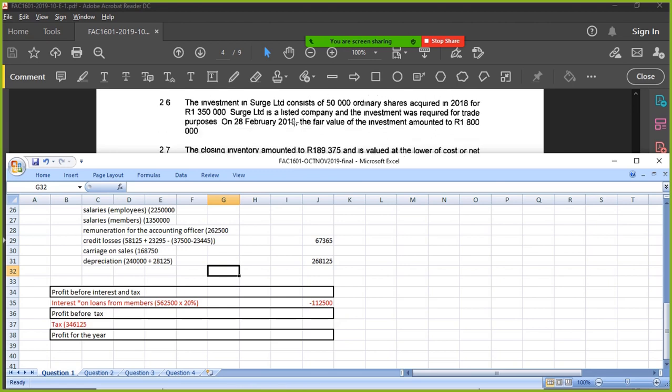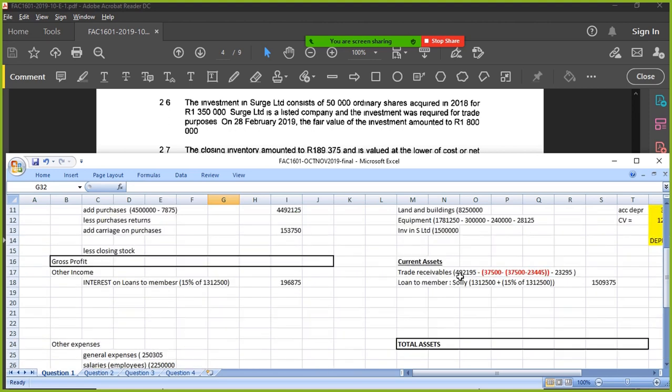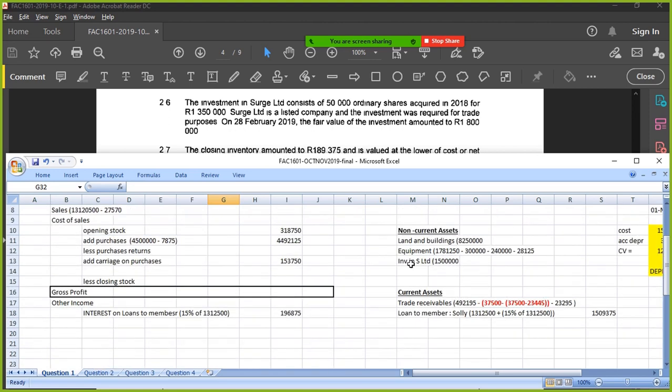The investment in S consists of 50 ordinary shares acquired on that date. S is a listed company and the investment was acquired for trade purposes, so it's obviously short term. On the 28th of Feb, the fair value of the investment amounted to 1.8 million.